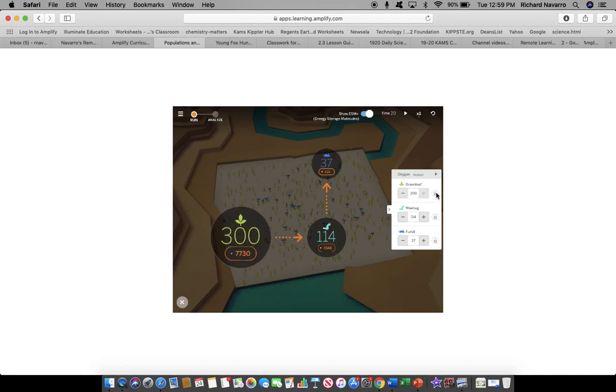I'm going to max it out, and then I'm going to lock that population. So that's going to stay at a very high rate. Now, what we're going to do is run this simulation for 20 more seconds and observe what happens to the wee bug population.